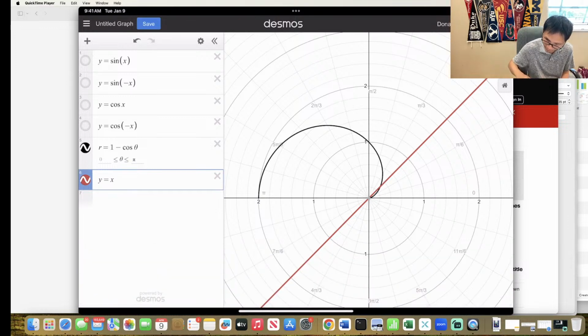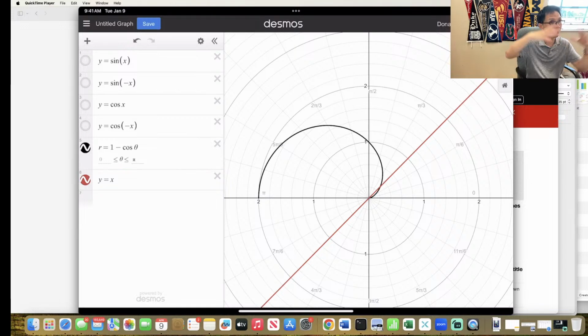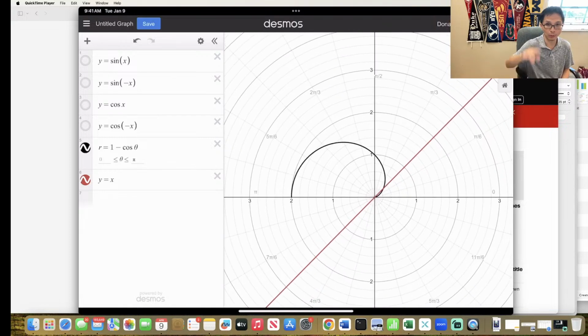So if you see here, it's roughly 0.3 away from the center. Because you see this, you have a radius of 1. So 1 radius is that 1 there. 0.3 is where the red and the black intersect.